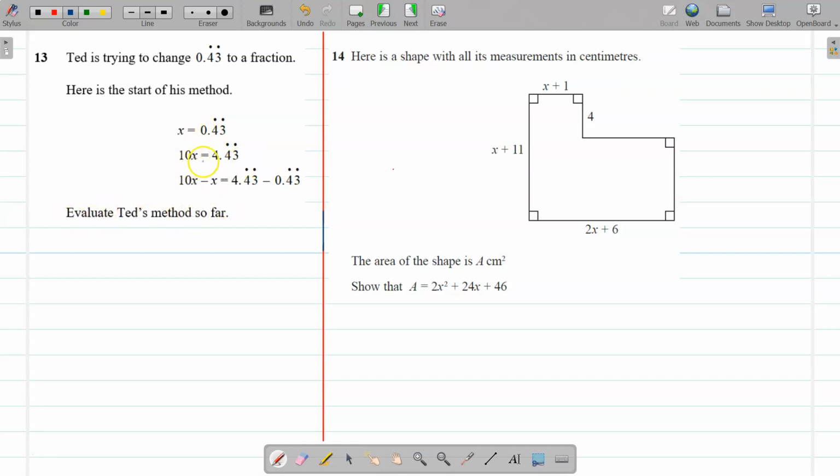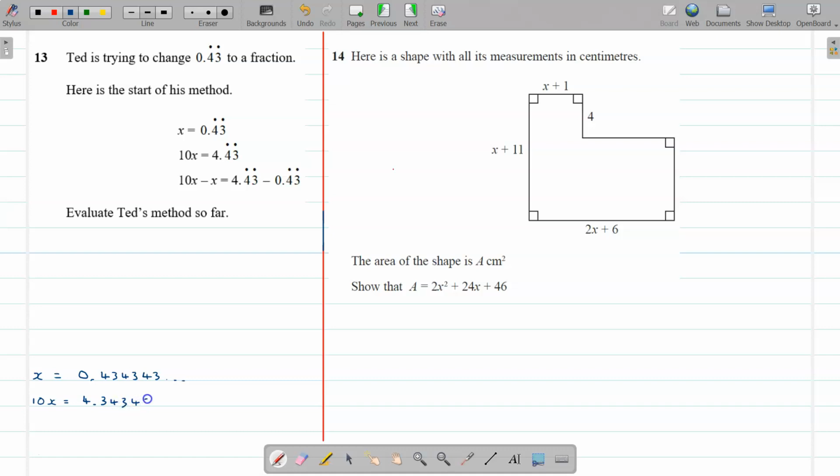And what he's done is he's incorrectly multiplied that by 10, because if you did, you see x would equal, I'll show you down here, so x would equal 0.4343, etc. in full, like that, and therefore 10x would actually be equal to 4.343434, you see.